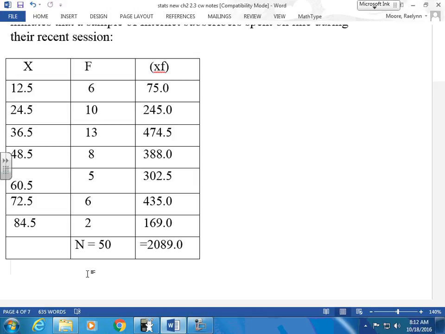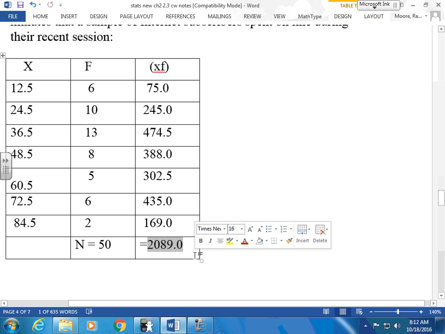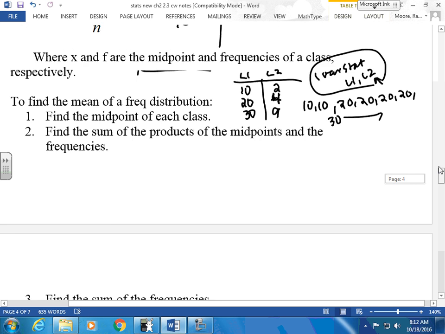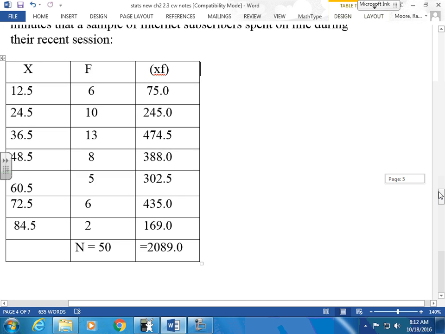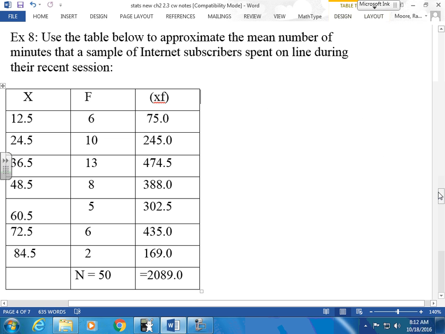This times this. This times this. This times this. You're adding up all of these, and you're going to divide it by... You're going to add up all of these, and you're going to divide them out. And that's exactly what your calculator does.